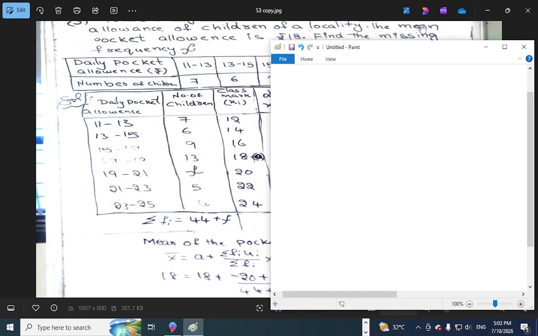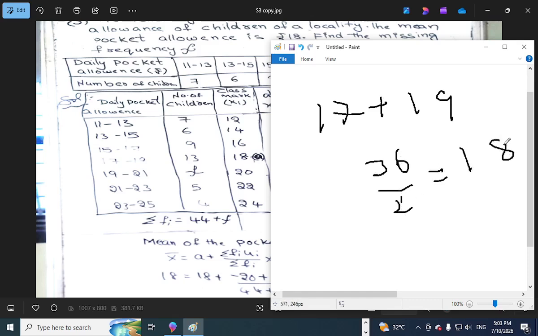Then the remaining class marks we are finding here. Please observe. Next, 17 plus 19 equals 36, and 36 by 2 is equal to 18. 18 is the class mark for the class 17 to 19.